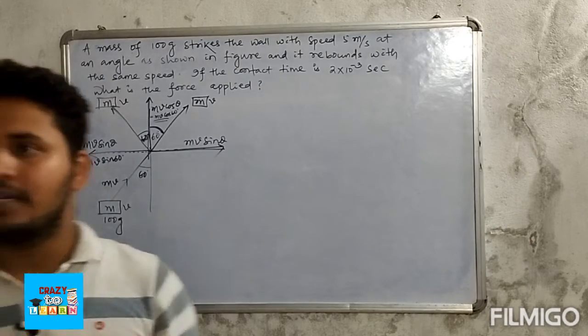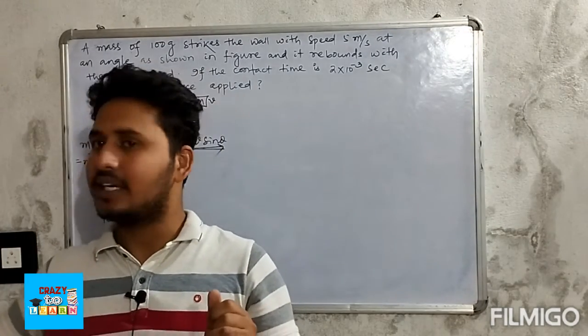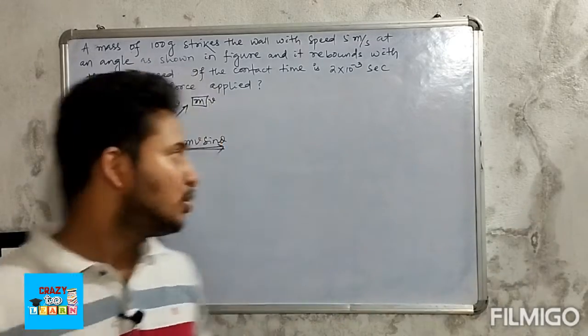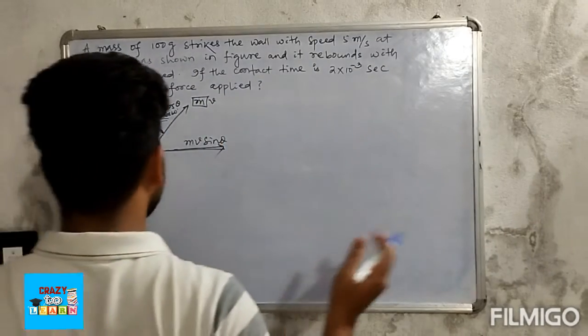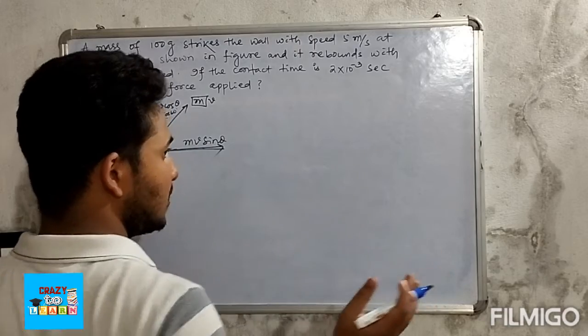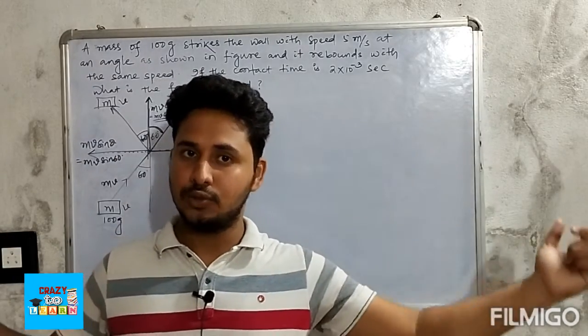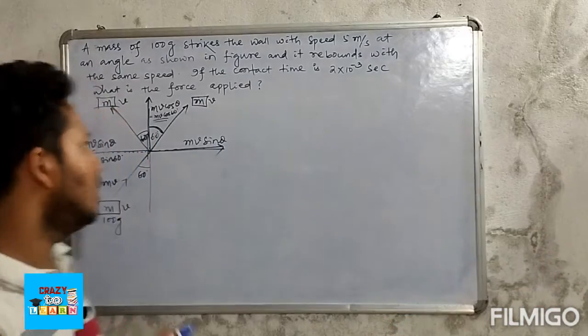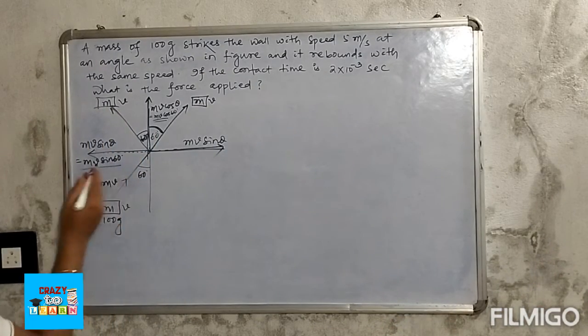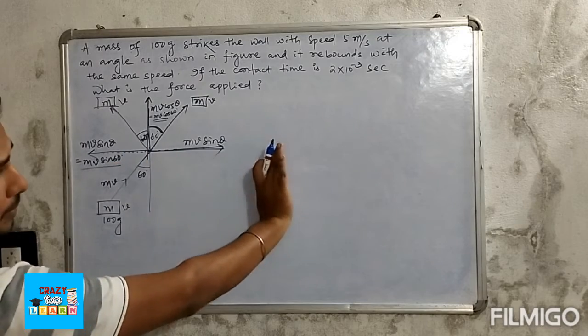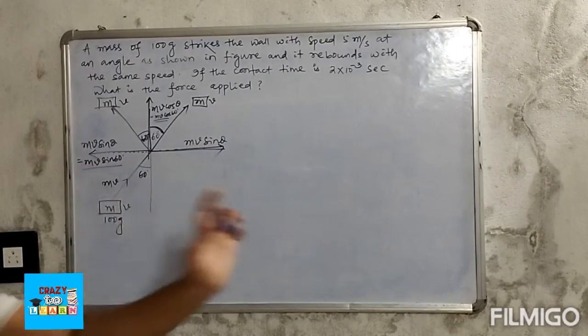If you stand in front of the camera, this is your right side direction and this is your left side direction. If I show it like this, it will be opposite; you have to look outward. So this is your mv sin theta along the right side direction, and this is your mv sin theta in the left side direction.